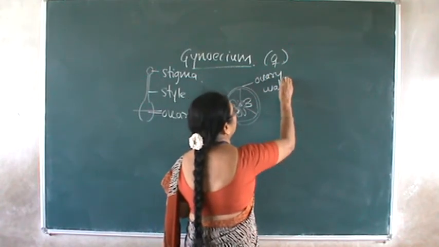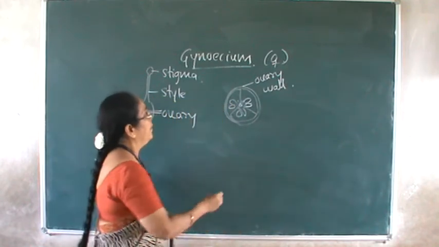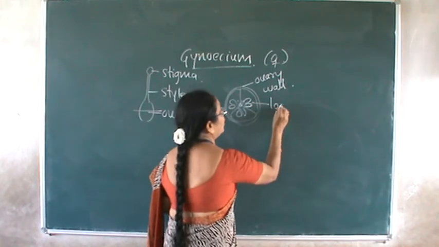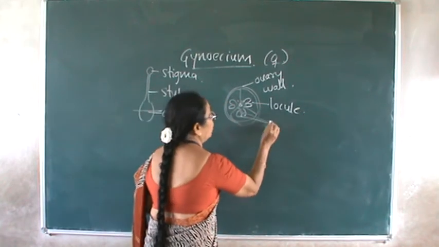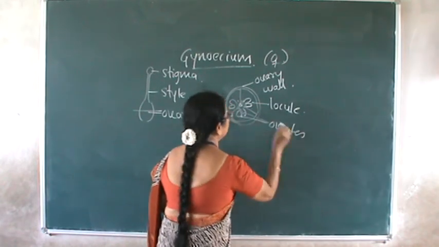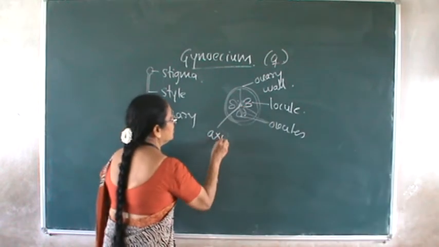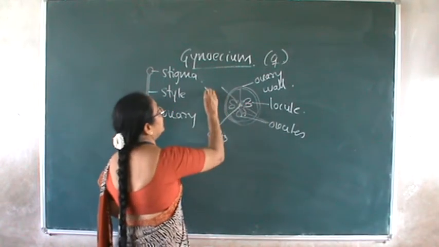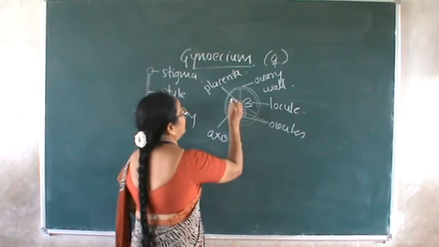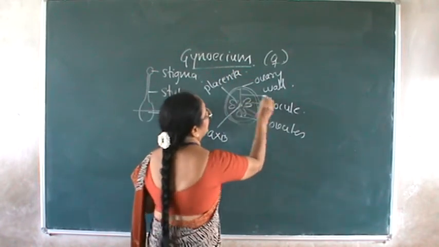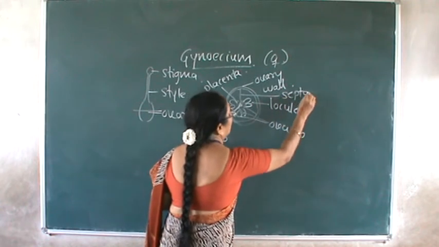This is called the ovary wall. Then this is the locule. The chamber of the ovary is called the locule. These are the ovules. This is the axis. There is a placenta to which the ovules are attached, and the partition walls. This is the septa.